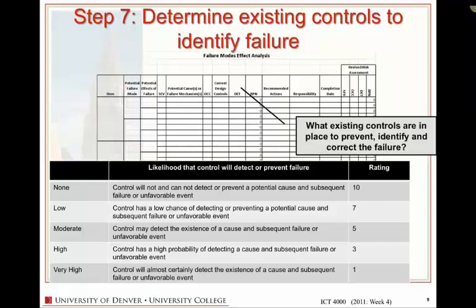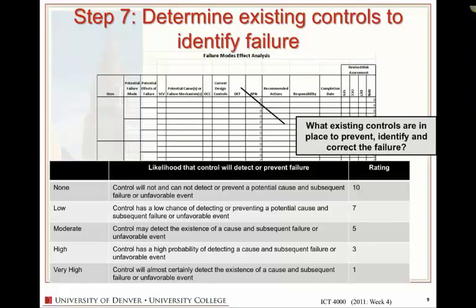Here it's a little bit backwards. If there are no controls in place, that's a 10, which means that failure won't be detected if it does in fact occur. That's quite often the case, particularly when you're dealing with development work. You may not necessarily know something's gone wrong until it's too late.